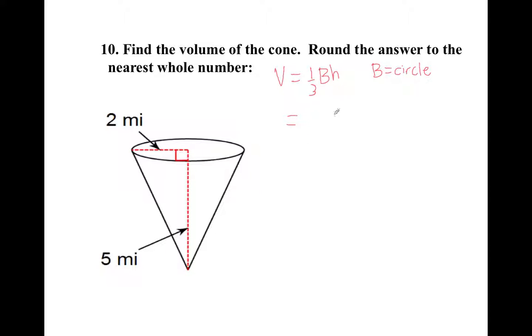That means I'll be using the formula 1/3 times pi times r squared times h. Let's see what represents what. In this formula, this represents my radius, and this represents my height.